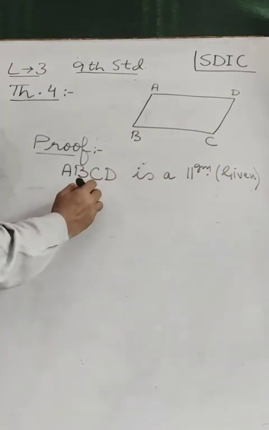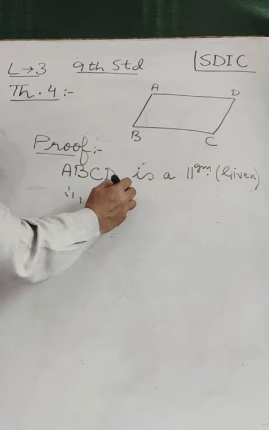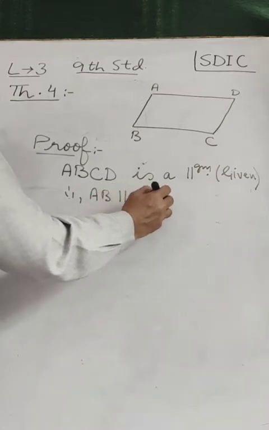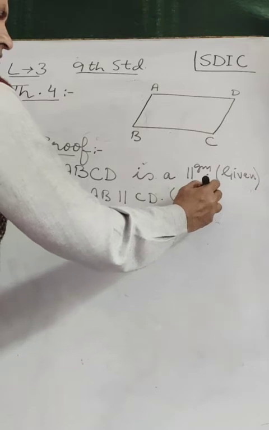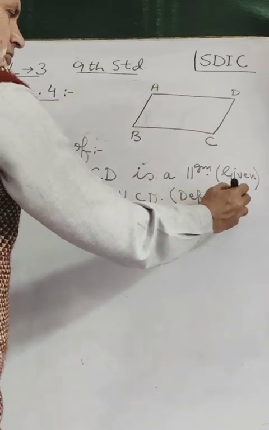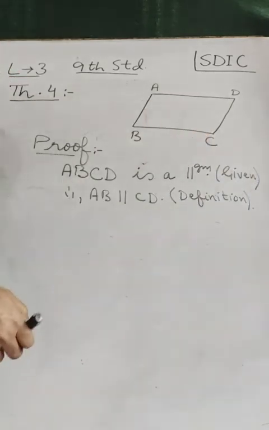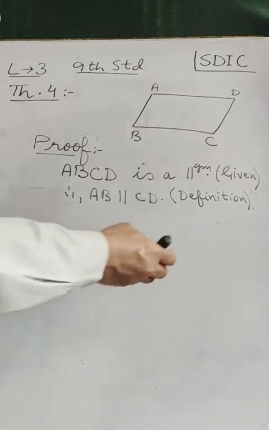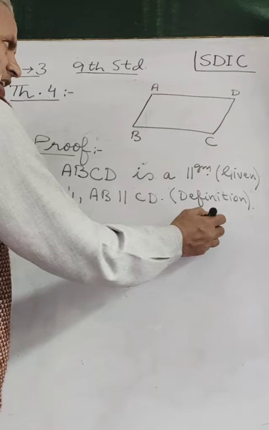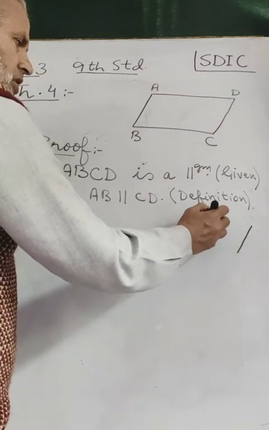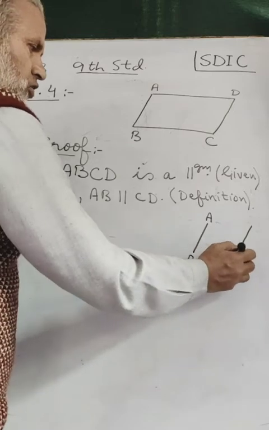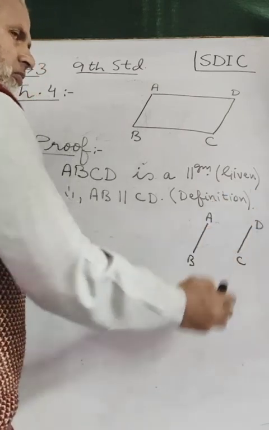Therefore, by definition, AB is parallel to CD. Definition you write in the bracket. I shall here draw a rough diagram of these two sides, AB and CD. These we know now are parallel.